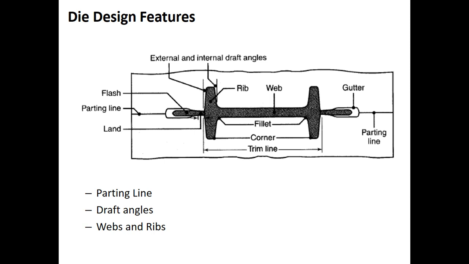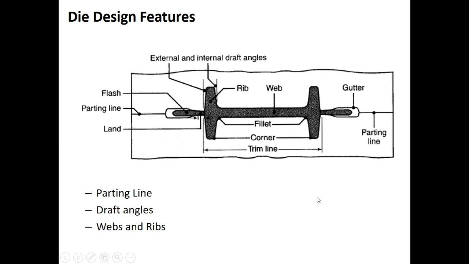Small radii are generally undesirable because they tend to limit the metal flow and increase the stress on the die surface. So please note that small radii are not recommended. Similarly, small fillet radii can cause fatigue cracking of the die. In general, radii need to be as large as permitted by the forging design.